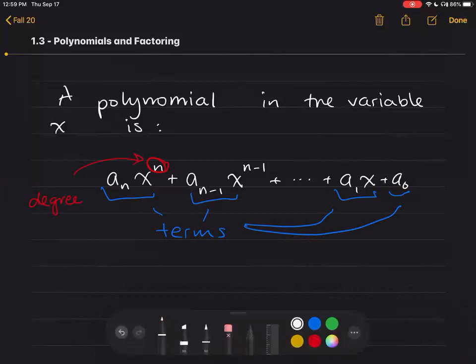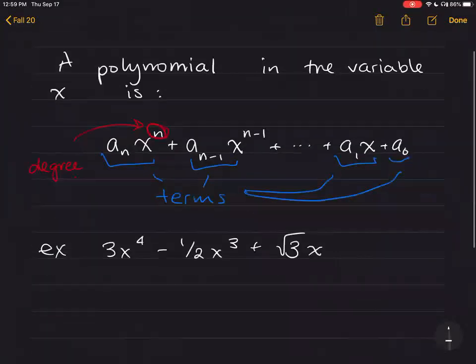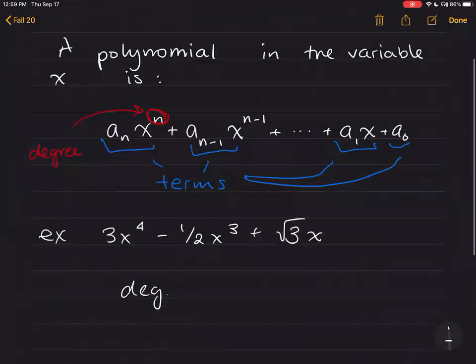So, for example, 3x to the fourth minus 1/2 x cubed plus, I don't know, maybe the square root of 3 x. That's a degree 4 polynomial, because 4 is the largest exponent.